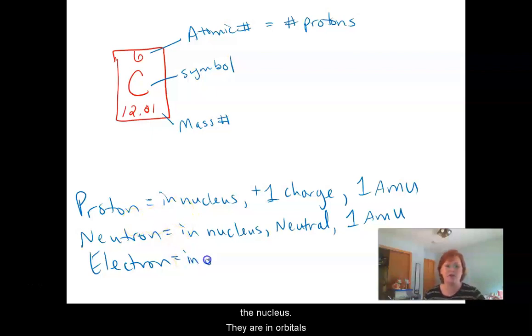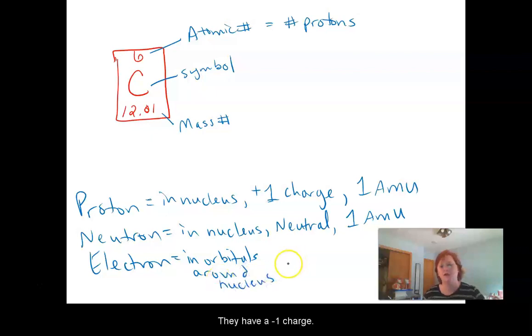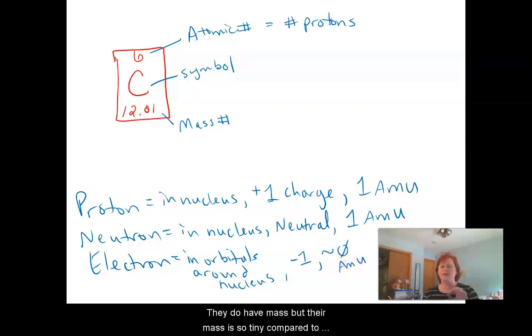They are in orbitals around the nucleus. They have a -1 charge, and they weigh approximately 0. Now they do have mass, but their mass is so tiny compared to those protons and neutrons, it's effectively 0.